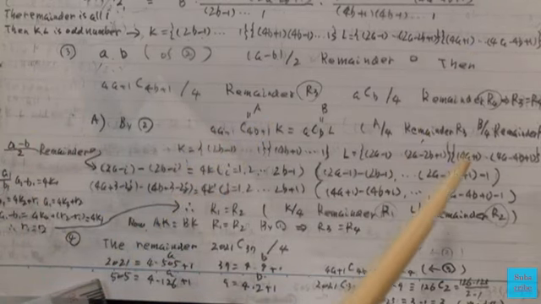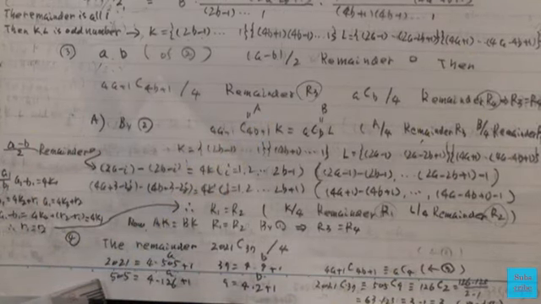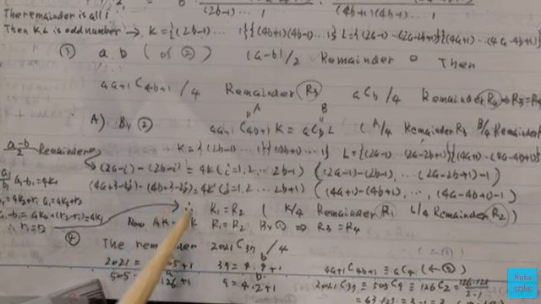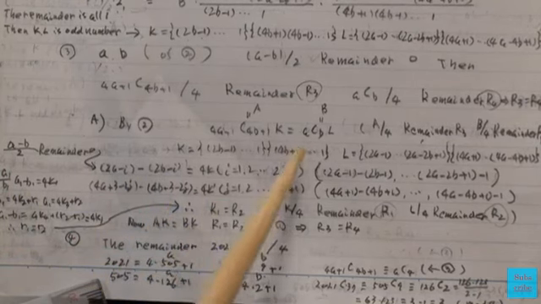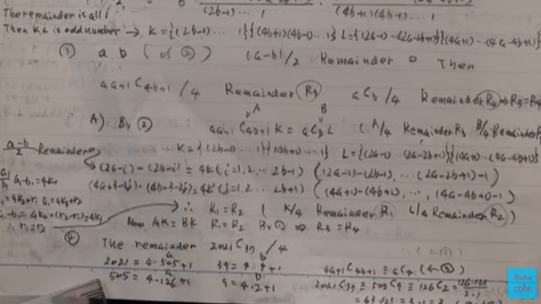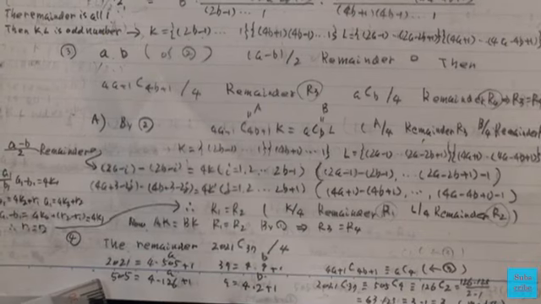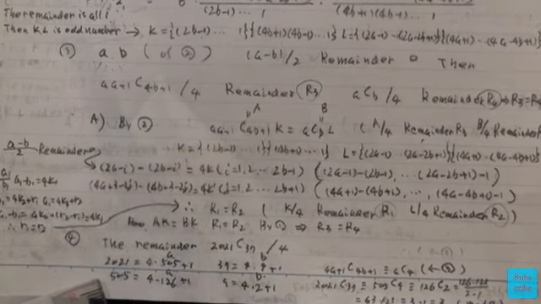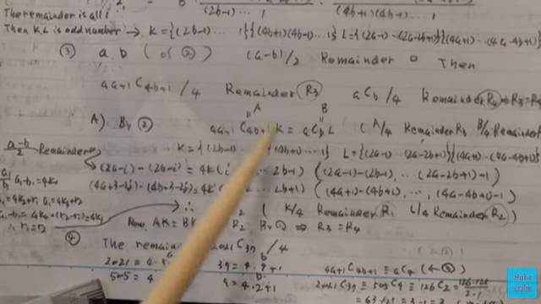And 4a plus 3 minus 2j minus 4b plus 3 minus 2j equals 4k dash.